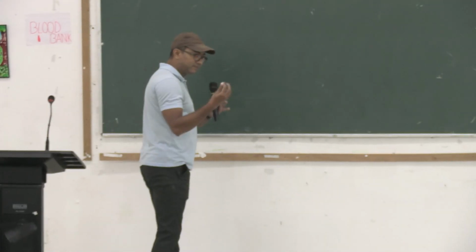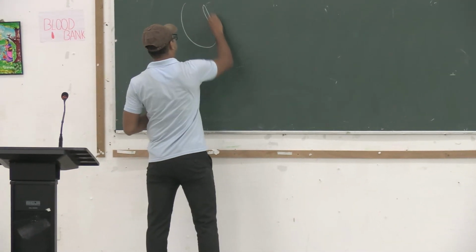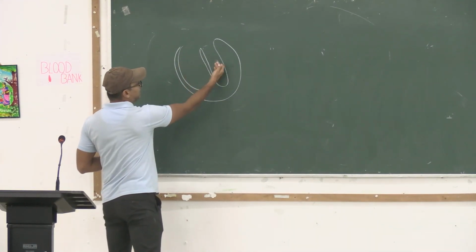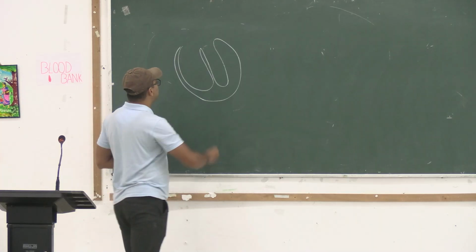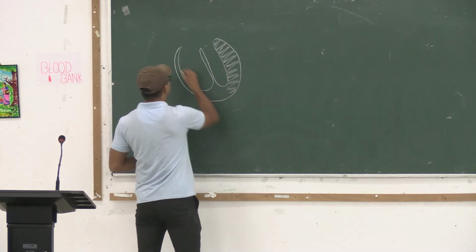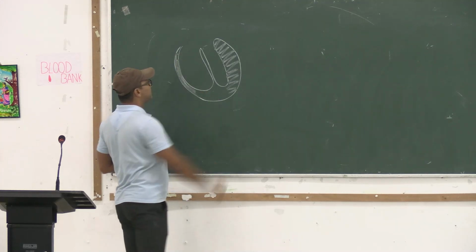So what will happen now? I am drawing only the ventricles. Right ventricle, left ventricle. Here is the left ventricle. Normally its muscle mass is already more than the right ventricle muscle.